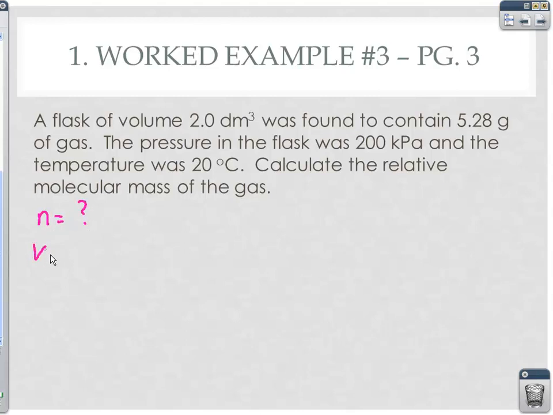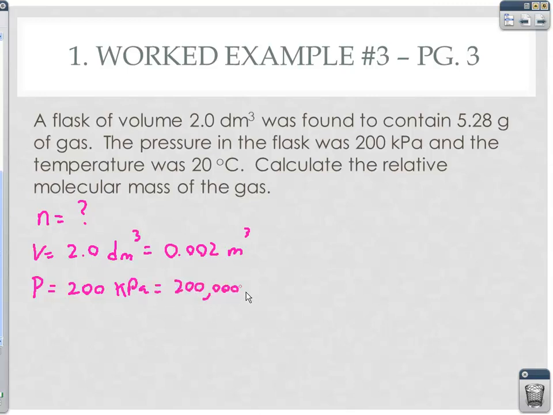Calculate the relative molecular mass of the gas. So that means we need to find n. So using our conversion, we have 2 liters, which equals 0.002 meters cubed.